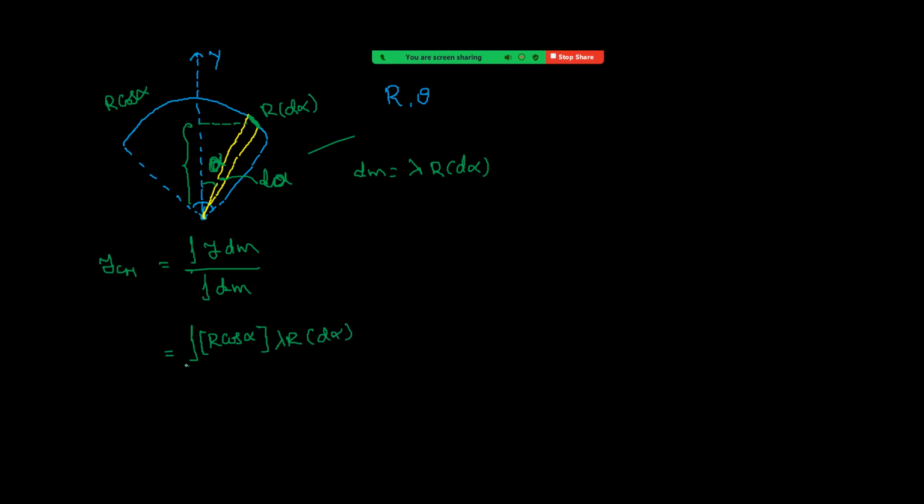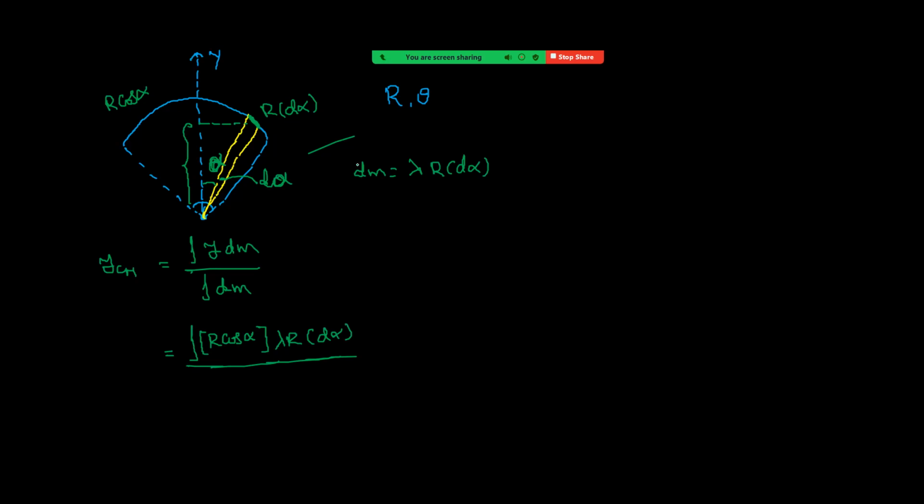So observe carefully how we are taking the calculation, means how we are taking the elements first. This is not a point mass, right? So we should take one element. We have taken angle alpha, small change d alpha, that length is r d alpha.